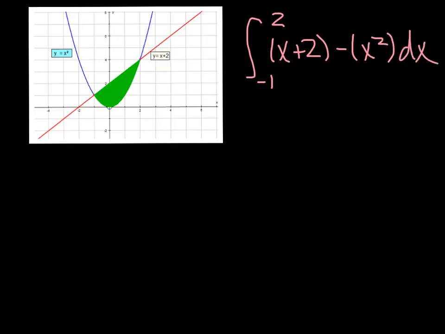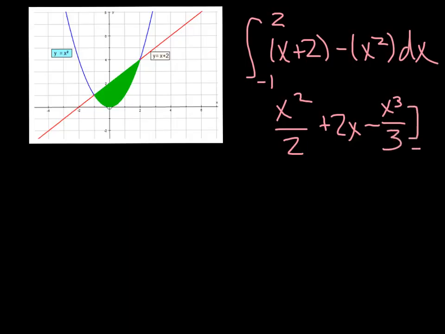To solve analytically, you first want to find the antiderivative. That would be x squared over 2 plus 2x minus x cubed over 3 from negative 1 to 2. Then you plug in the upper bound into the antiderivative and subtract the substitution of the lower bound.